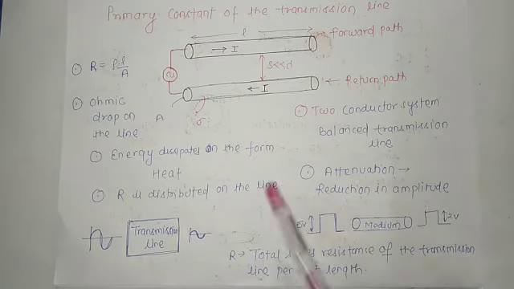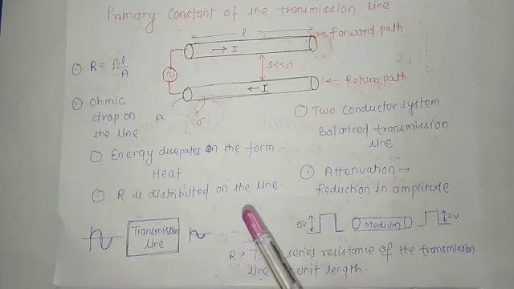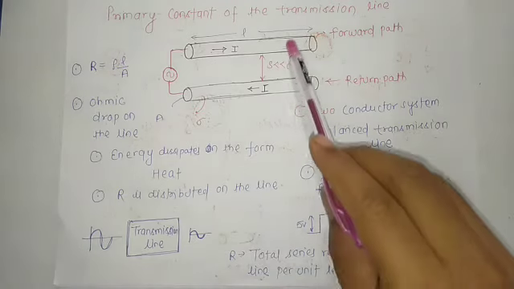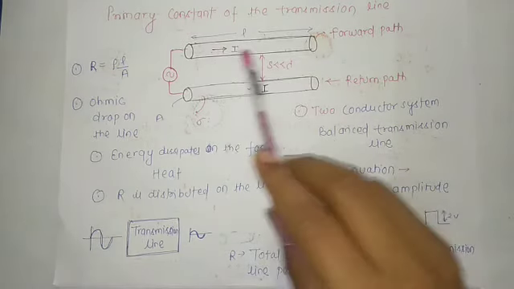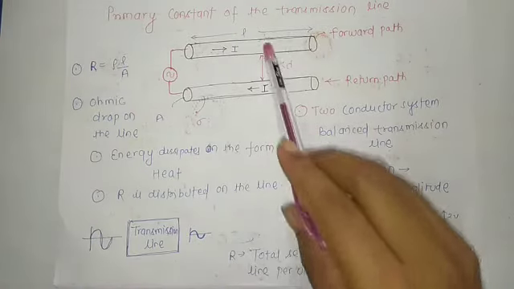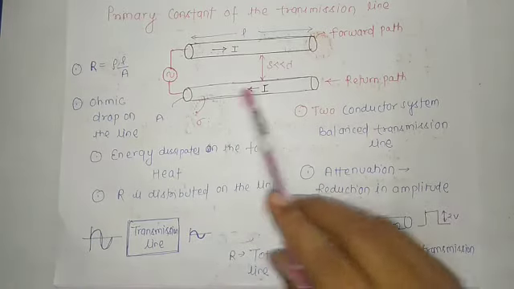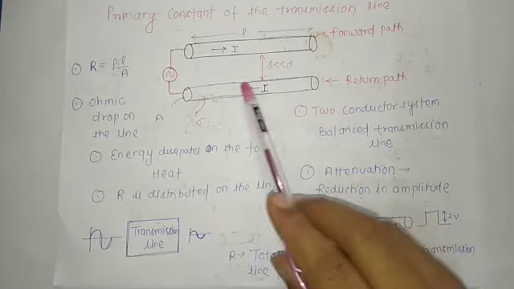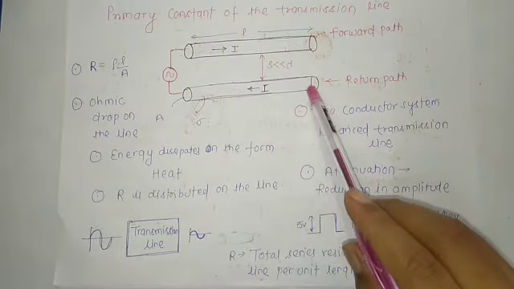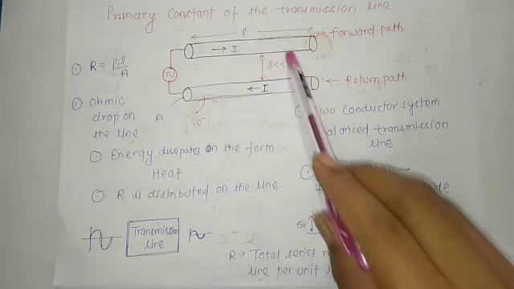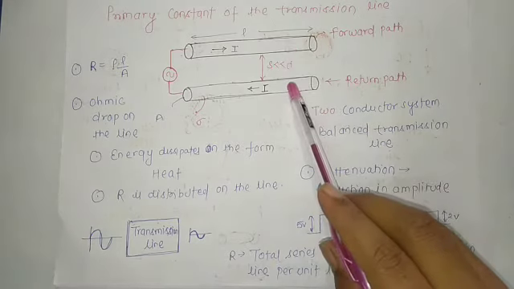Okay, so now today we will study the primary constants of the transmission line. Look at these conductors. After looking at this geometry, the cross-sectional area is the same, so I can say it's a balanced transmission line, as well as an example of a uniform transmission line.